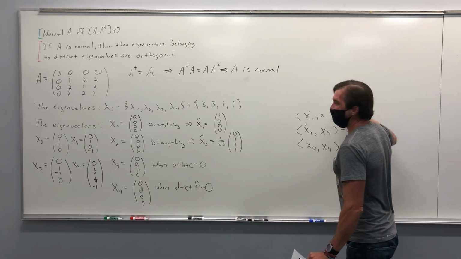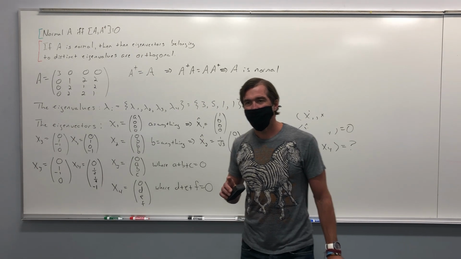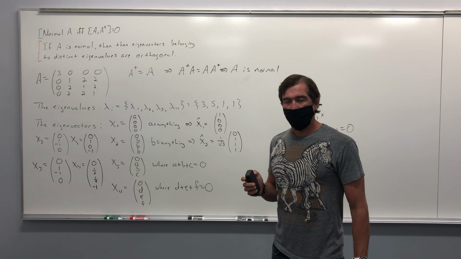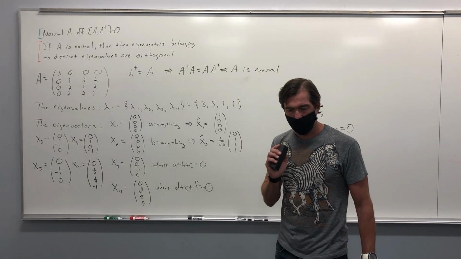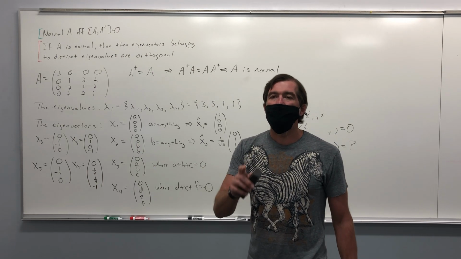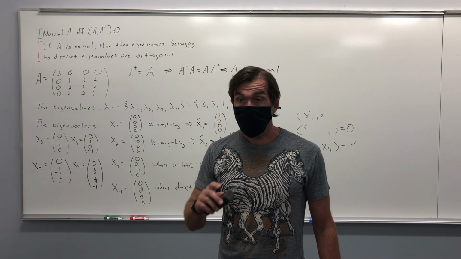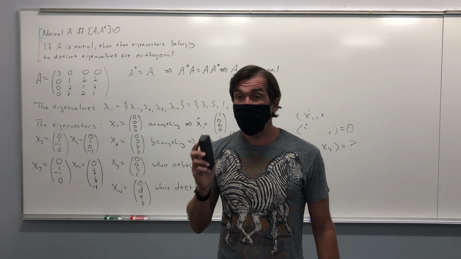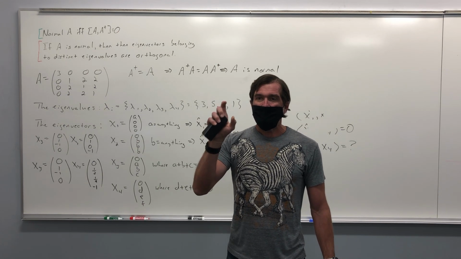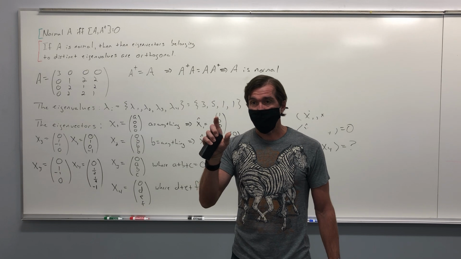Alex, I just have one question real quick. When you said last time that if it's normal and if the eigenvalues are distinct, then it forms a basis that spans the space. If all of the eigenvalues are distinct, then the associated eigenvectors are orthogonal. So if you have a set of distinct eigenvalues, associated with each of them is an orthogonal basis vector.